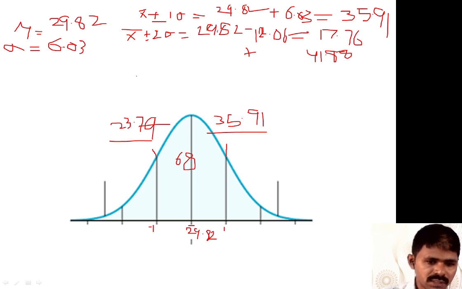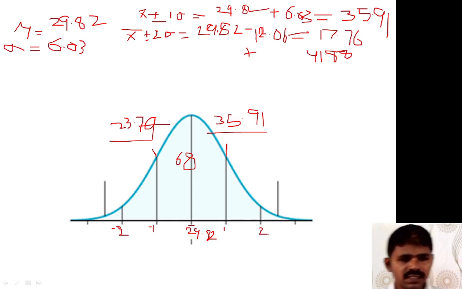So if you plot this in the standard distribution, this is the minus 2 and this is the plus 2 standard deviation.